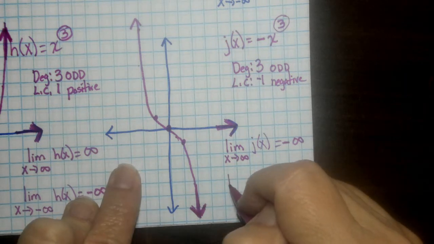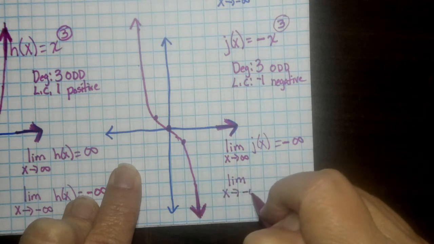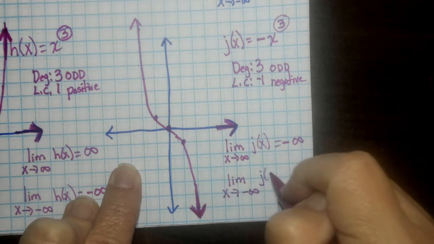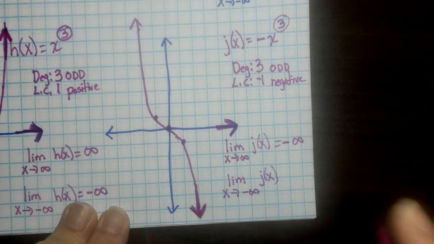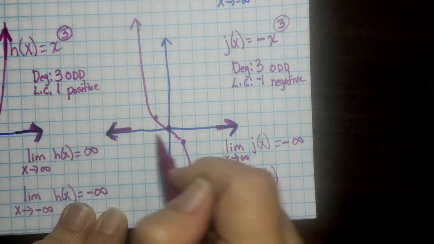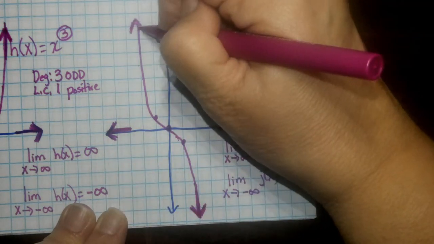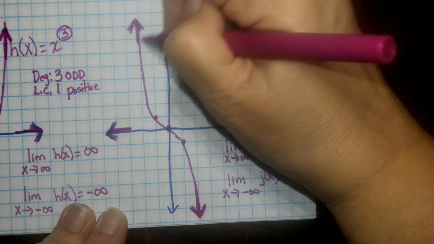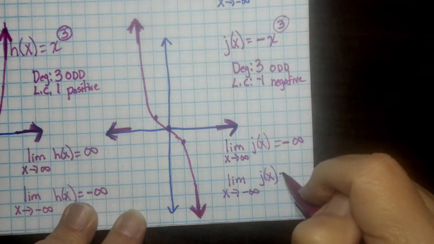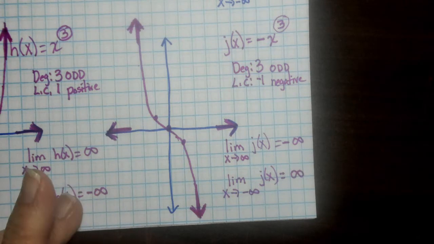And then over here on the left, my limit as x approaches negative infinity of j of x. So I'm looking as x gets smaller and smaller over here, going this way on my x-axis, my j of x, my output, is approaching having a limit of infinity.